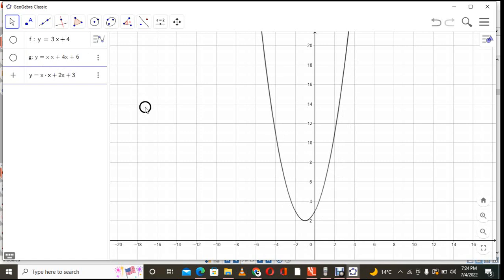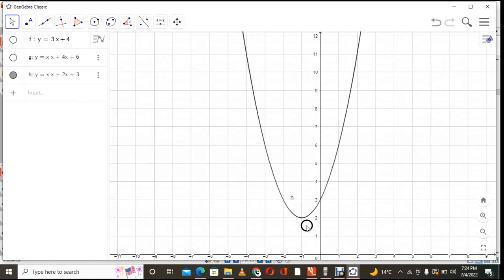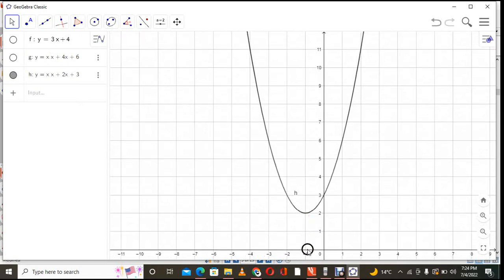The graph is 2 units up from the x-axis. The turning point of the graph, remember what I told you, is x is -1 and y is 2. It will cut at 3 there. So this graph does not intersect the x-axis. That is the lowest point, the minimum point, so it is defined from this point all the way upwards.